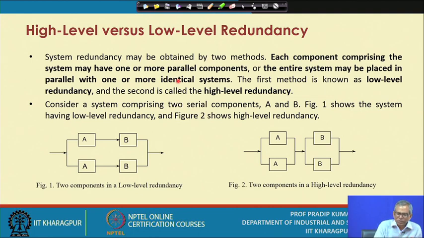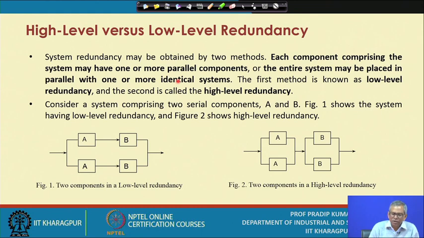Whereas in the second, instead of having just one system with a particular component configuration, you add another system with the same component configuration in parallel. So these two types of redundancy, you do many a time.